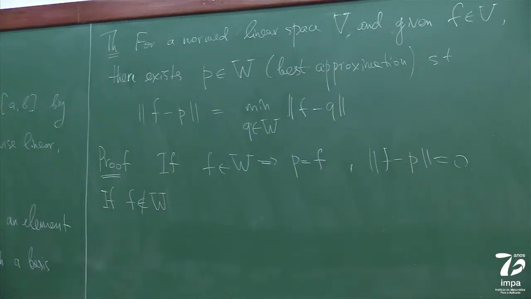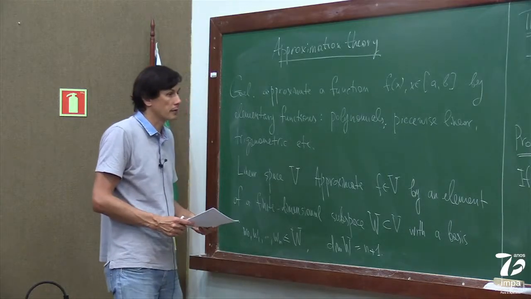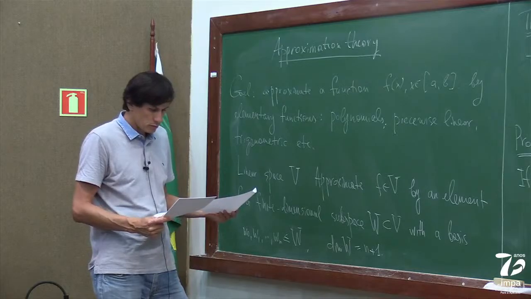So we want to approximate a point which is not in our subspace by a point from our subspace in the best way. How do you do it?